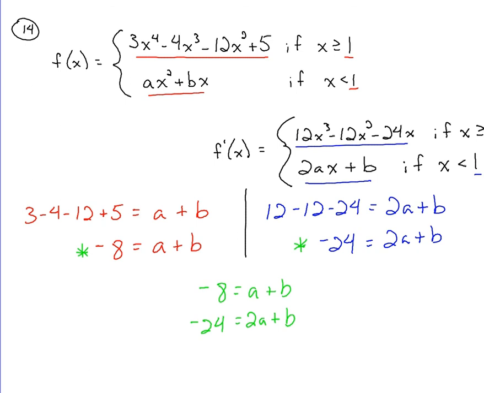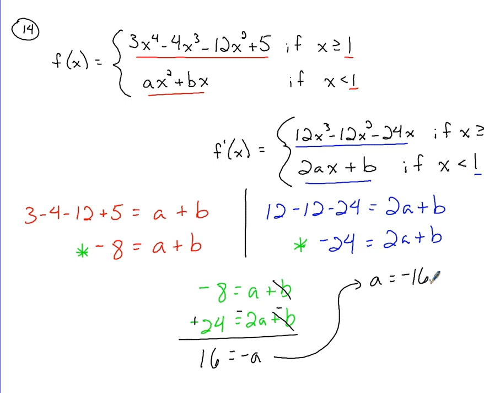So maybe I'll multiply the second equation by a negative 1. Just changes all those signs. So now if I add through, I've got 16 here. Got negative a there, b's subtract out. So negative a equals 16 means a equals negative 16.